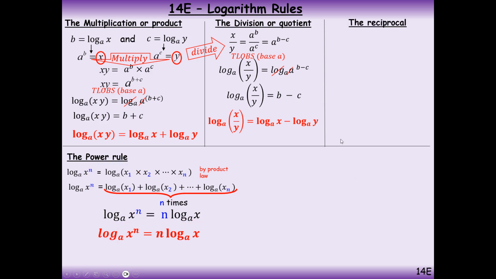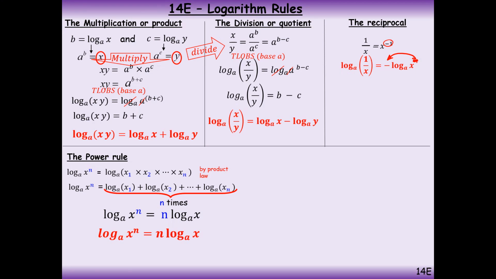So now the reciprocal rule is just using an index that's a negative number. So just using our power rule here, you could think this is just a power that's coming to the front. So taking log of both sides, there was a minus one here that's coming at the front.